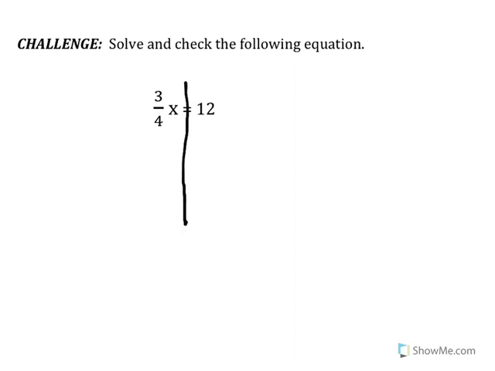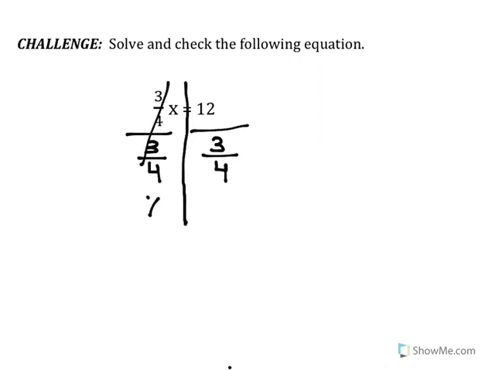So just like in all of our other examples, to undo multiplication, I'm going to use division. So I'm going to divide both sides by 3/4. When you divide a fraction by another fraction, or a whole number by a fraction, it's called a complex fraction, which is fine. It just looks messy.